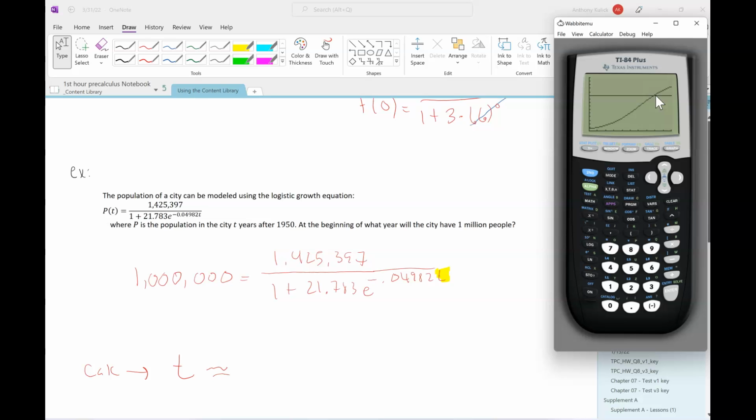It took a long time to get there, but that's okay. So if we hit second and trace and select the intersect command, again we only have two things graphed and there's only one intersection, so I'm just going to do 3 enters, and we get 79.0.